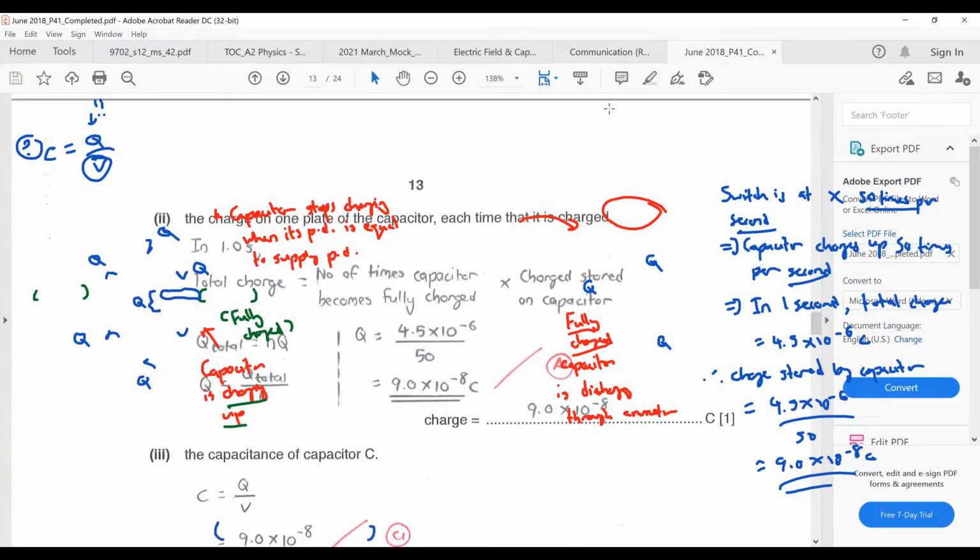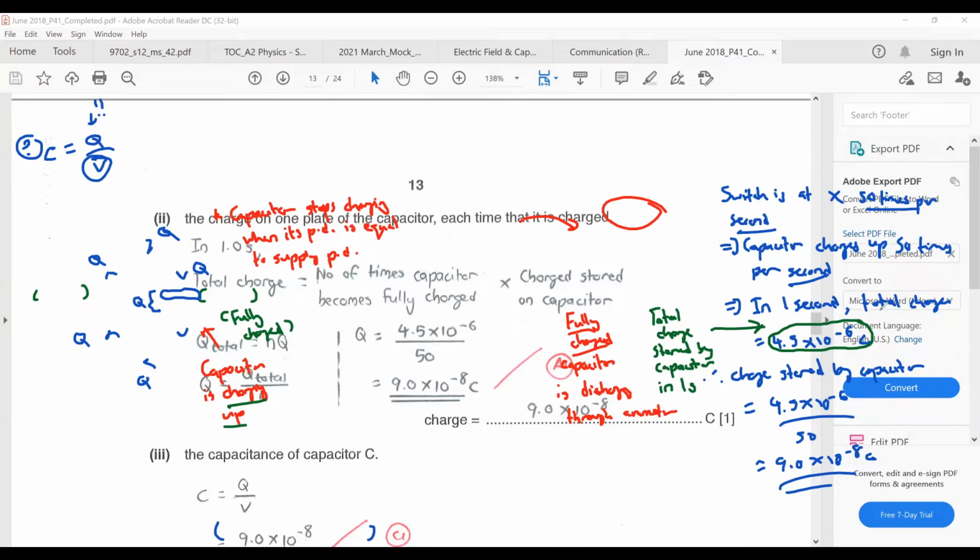Okay, so maybe I better just write some other explanation here. In 1 second, total charge is 4.5 times 10 power minus 6. You can think of this one as the total charge stored by the capacitor in 1 second.